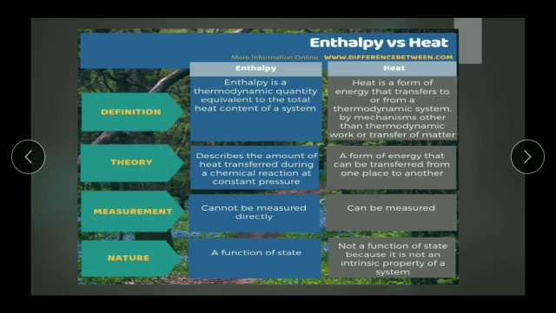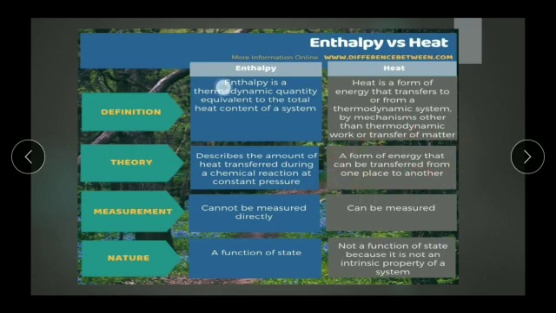Enthalpy deals with the amount of heat transferred during a chemical reaction at constant pressure. At constant pressure alone we are taking enthalpy. Heat is a form of energy that can be transferred from one place to another.